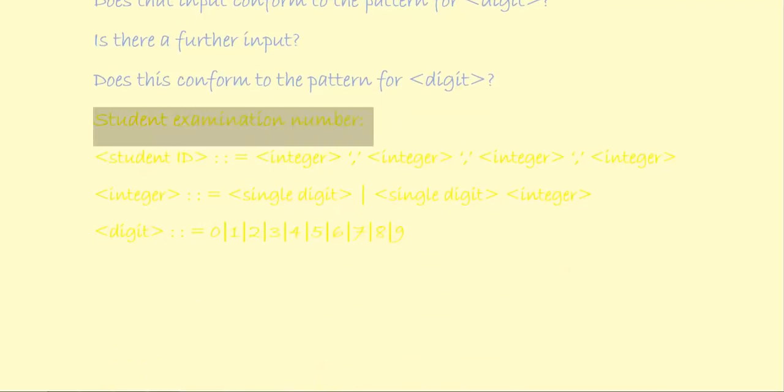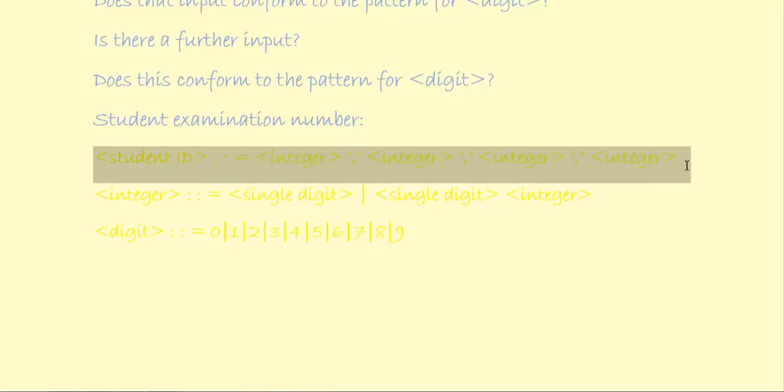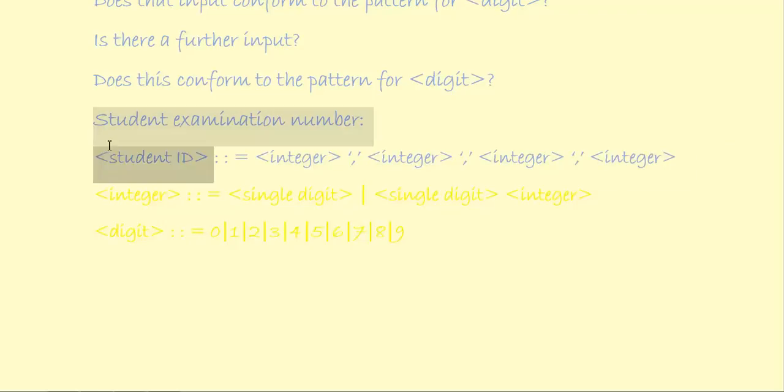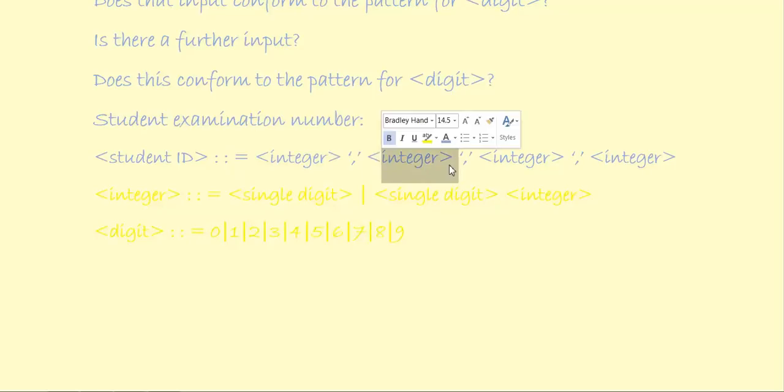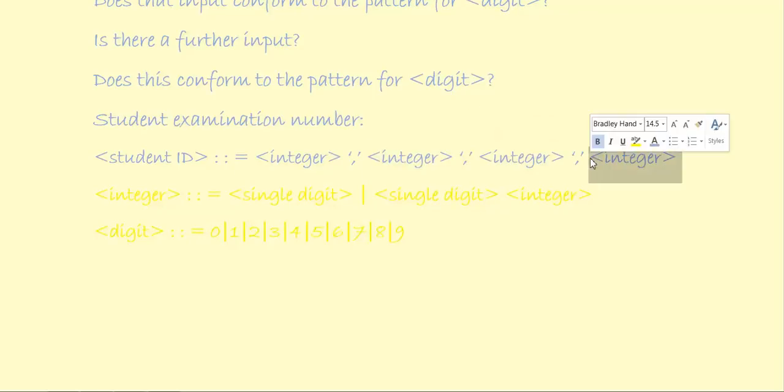Let's have a look at a student examination number. You might define your student ID, or your student examination number, your syntactical element, as comprised of an integer and an integer and an integer and an integer. So in this case, in this school, for example, the student ID is comprised of 4 integers.